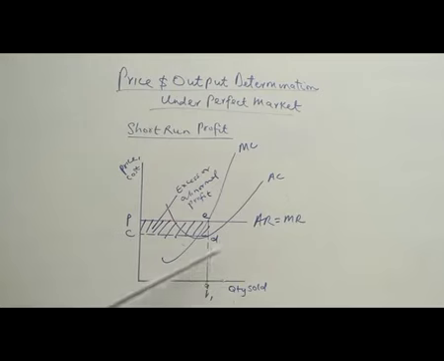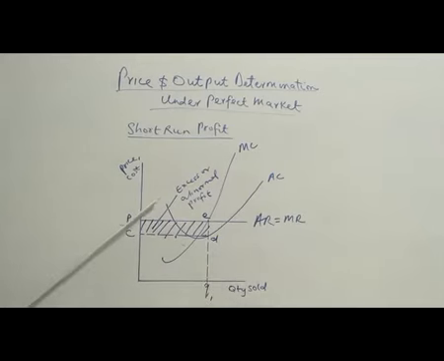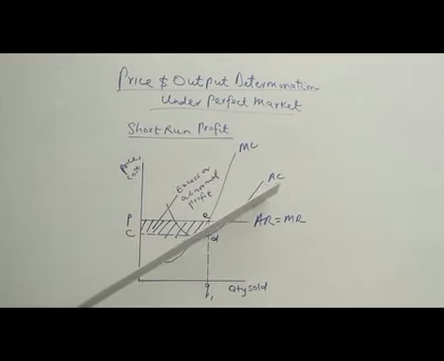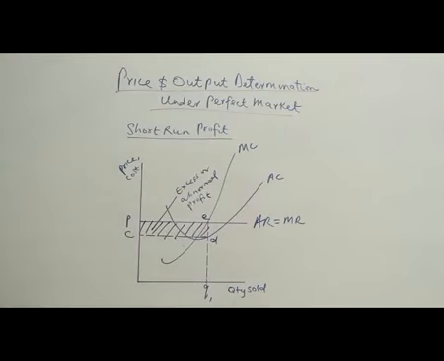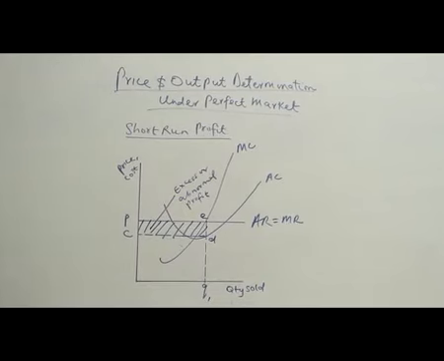We have analyzed average revenue and marginal revenue under perfect market. We have also analyzed the cost concepts: marginal cost and average cost. A combination of cost and revenue, we are going to derive one thing out of the two that we call profit. So we want to know how the profit of a perfect market will be.